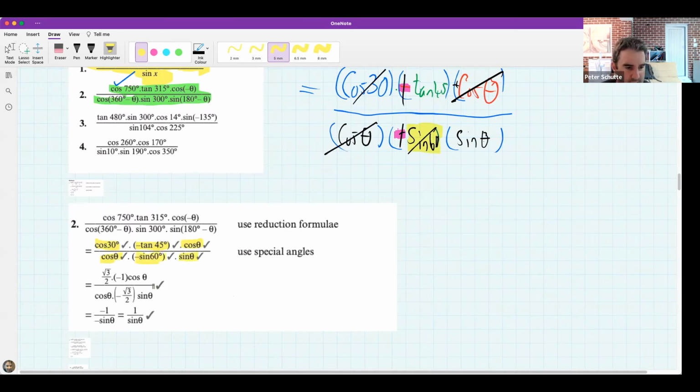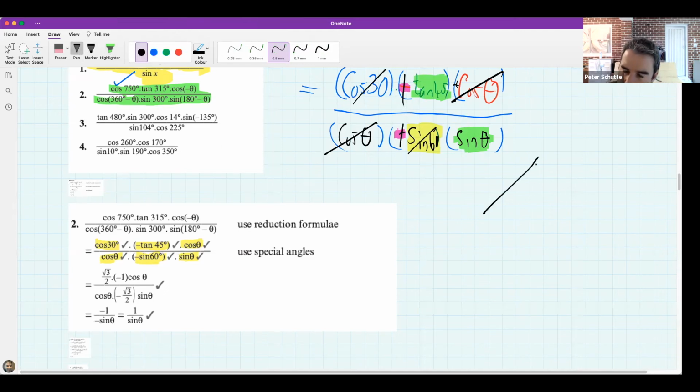Now, what does need to happen is that you can see this lonely sine theta just hanging out here, which is still left. And then you have to evaluate the tan of 45. Now, why is there a negative? Oh, the negatives go away, yeah.